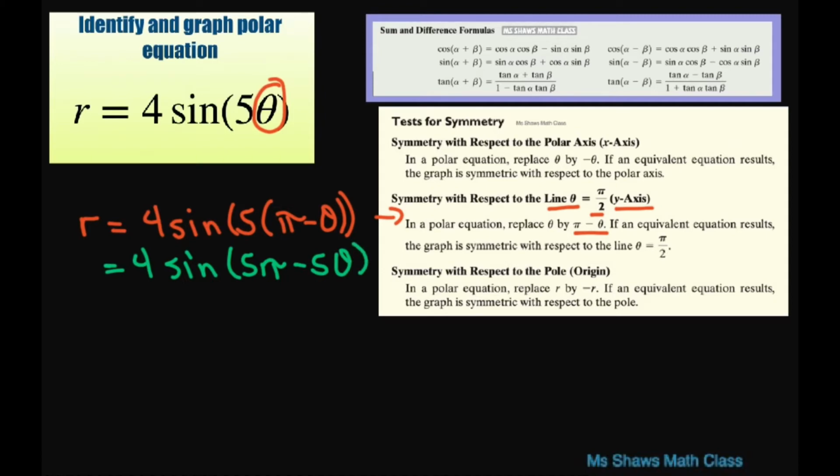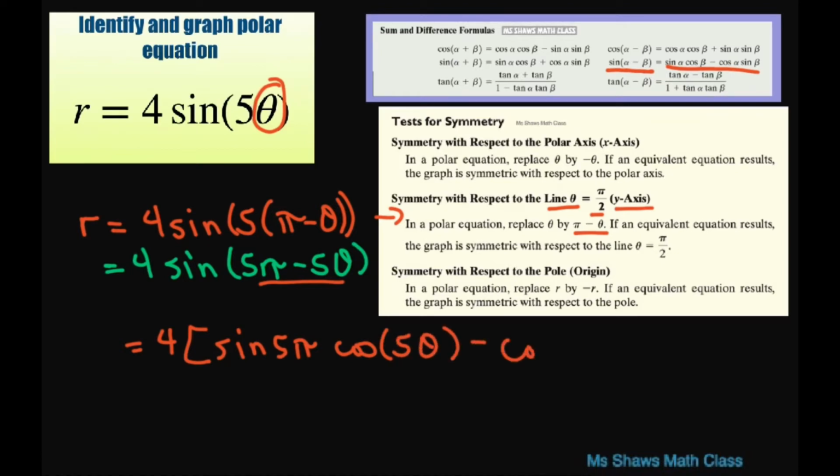So we're going to use the difference formula for sine and expand. This is going to equal 4 times sine of 5 pi times cosine of 5 theta minus cosine of 5 pi times sine of 5 theta.